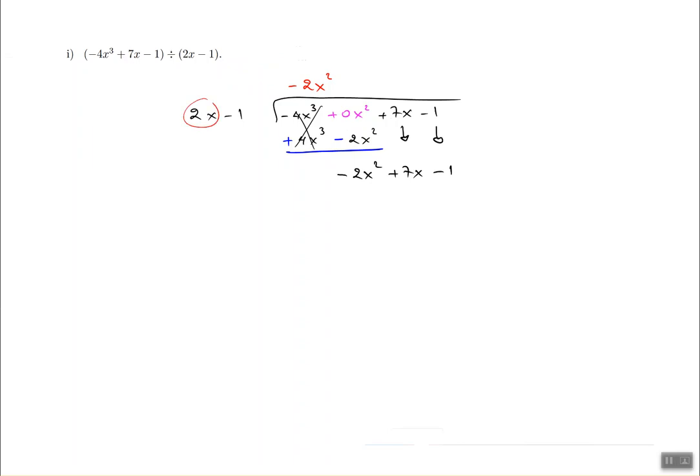So how can I make the 2x match with the negative 2x squared? What do you multiply 2x by to make it negative 2x squared at the end? The answer is a negative and also an x. And let's go ahead and grab the negative x and multiply it over with the divisor.